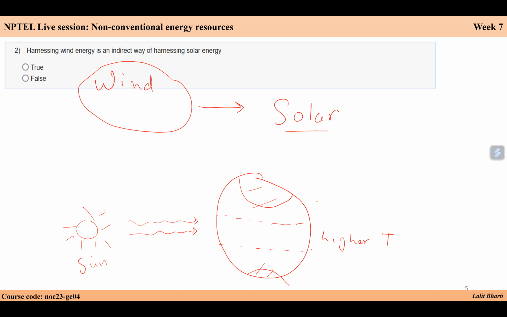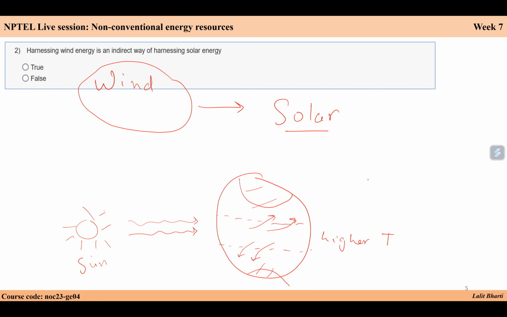Due to the temperature difference, we will have some wind currents. Their directions are also affected by the Coriolis forces due to the rotation of Earth.